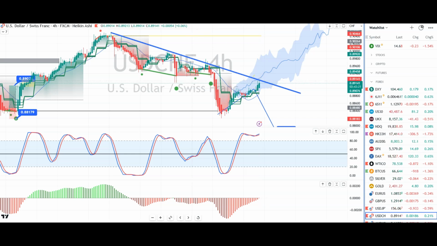Where is the price in terms of cycle? Do you want to be buying this now? Absolutely not. Do you want to be selling it here? So understanding that will give you the power to make better decisions.